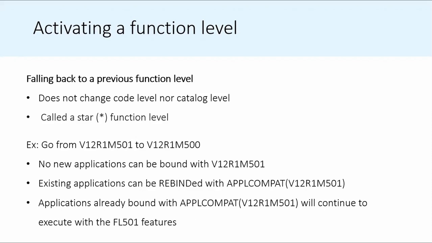If we go back, then we are at V12 R1 M500 star, and no new applications can be bound with the previous higher function level, V12 R1 M501 in this example. And existing applications can be rebound with APPLCOMPAT V12 R1 M501, so that APPLCOMPAT level will still be there even if we are moving back to that previous function level.